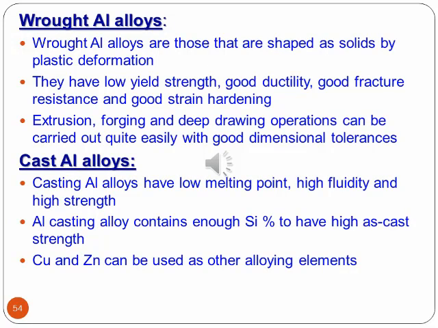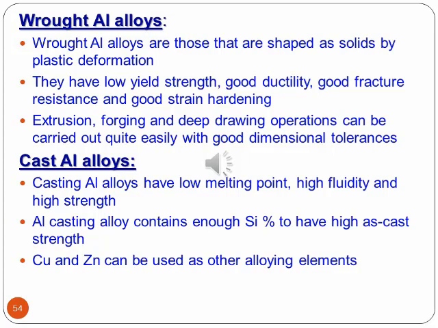Wrought aluminum alloys are those that are shaped as solids by plastic deformation. They have low yield strength, good ductility, good fracture resistance, and good strain hardening properties. Extrusion, forging and deep drawing operations can be carried out easily with good dimensional tolerances.